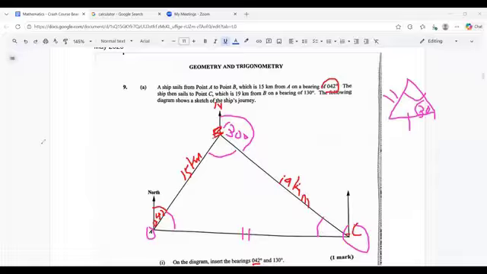But before I decide whether I'm using the sine rule or the cosine rule, let me check and see if the cosine rule will work before I find an angle, if I can even find one, which I should be able to. So the cosine rule, to find a missing side, you must know the length of two sides and the angle between them. So either way, we need to find an angle to use the cosine rule or to use the sine rule.